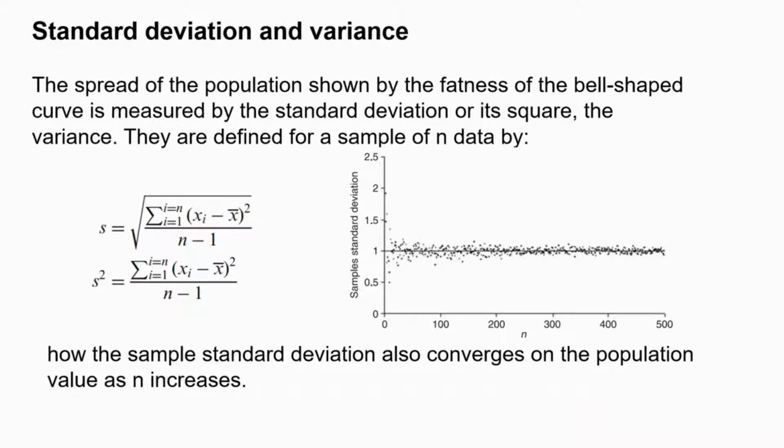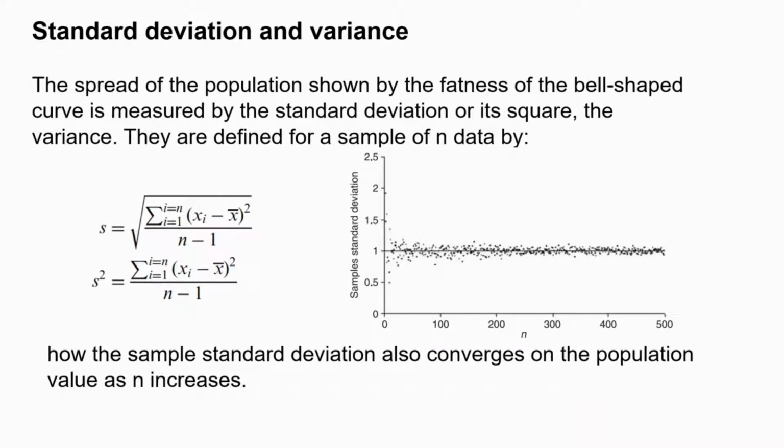So I will explain these equations. In the first equation, S is equal to the sum of all measurements, relative to their mean, squared, and divided by the total number of data minus 1.